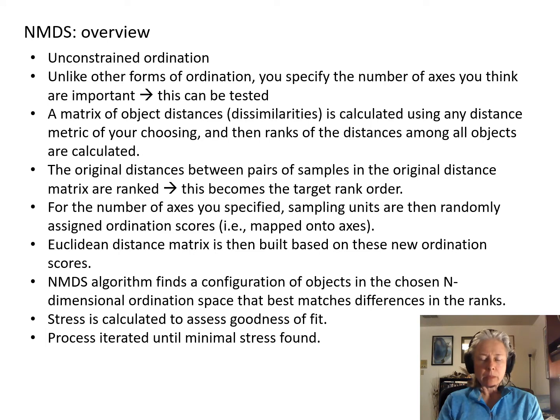So this process is iterated until an ordination with minimal stress is found. To put it another way, NMDS is an iterative search for the best position of n entities on k dimensions or axes that minimizes the stress of the k-dimensional configuration.